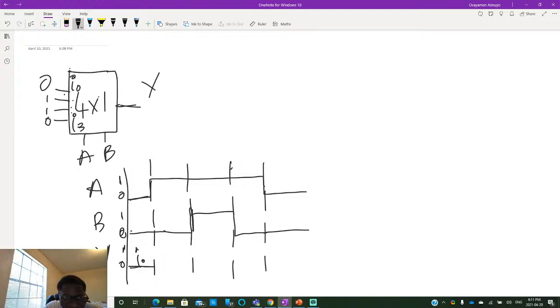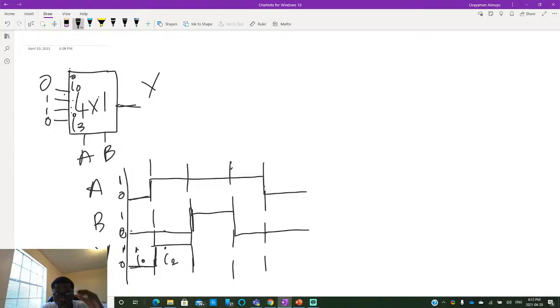Okay. And then if A is one and B is zero, that corresponds to input two or I2, and that is a one. So we would have a high here, and this would be I2. And then we have these two, this is 1, 1.